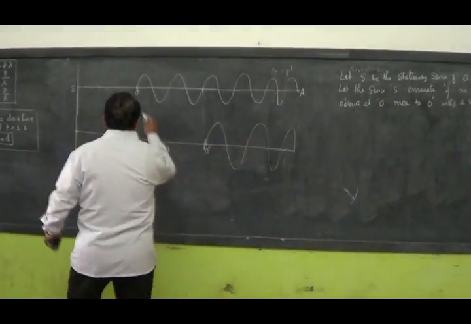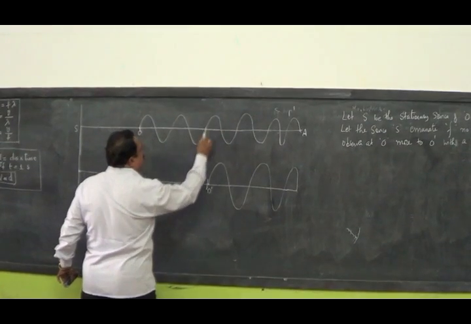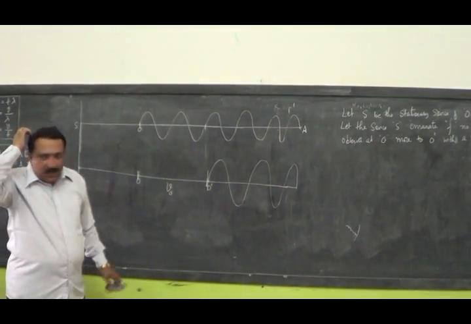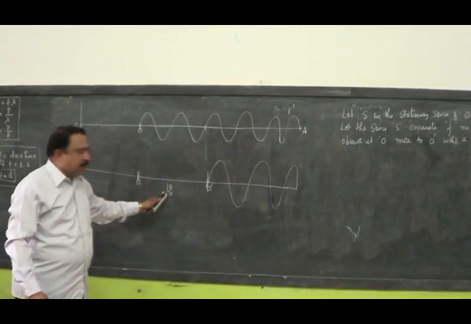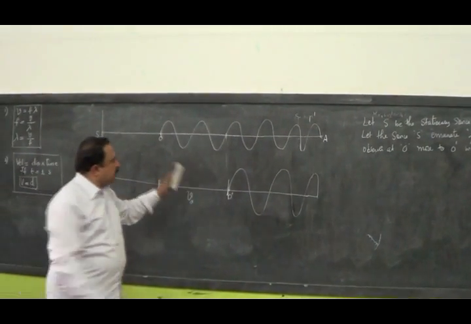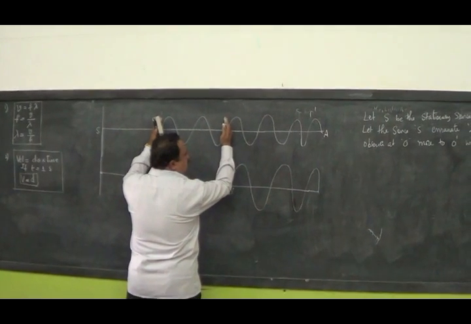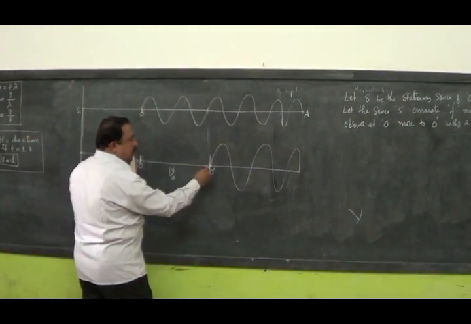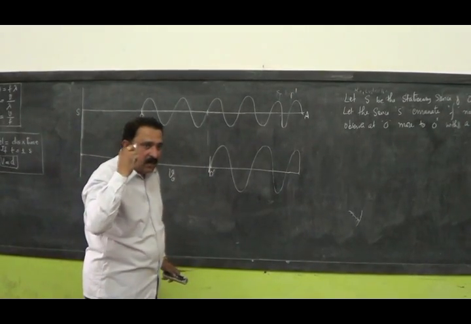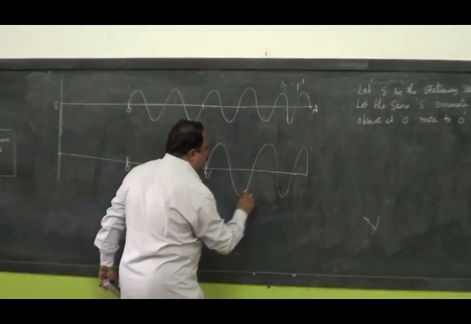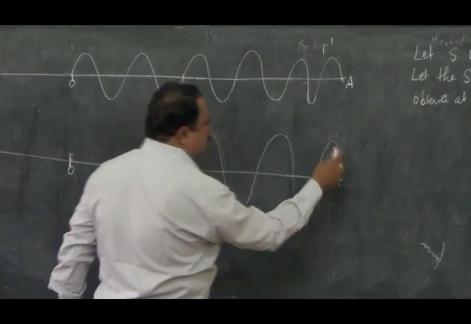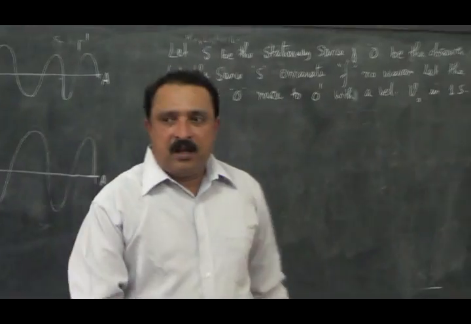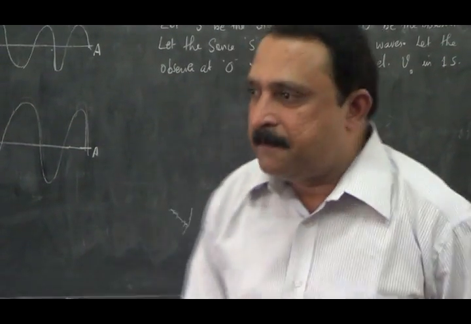Rather, this portion of the waves will not reach the observer's ear. As he moves from O to O dash with the velocity V naught, this particular frequency from O to O dash will not reach the observer's ear, and he will start perceiving the frequency that is left from O to A, that's all. Okay?